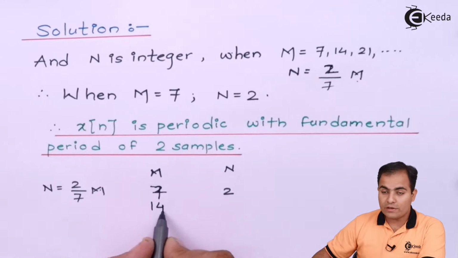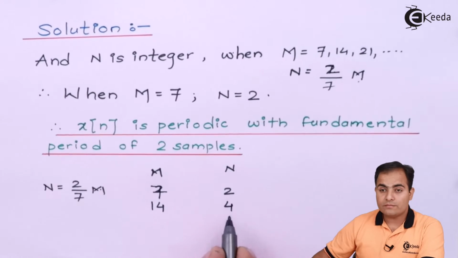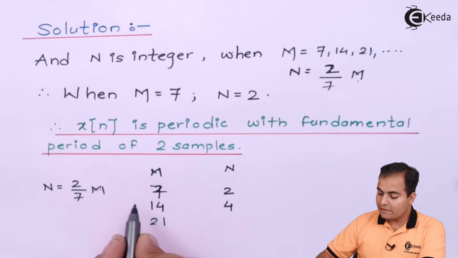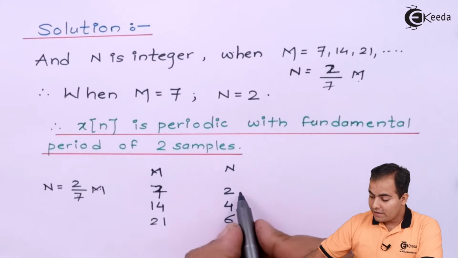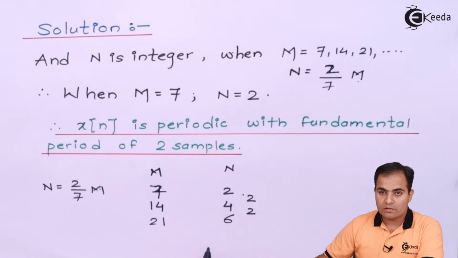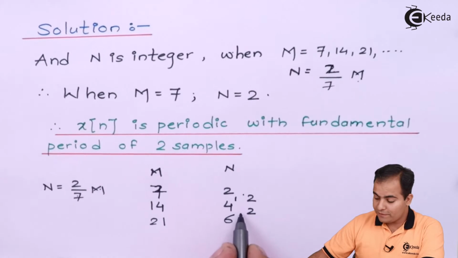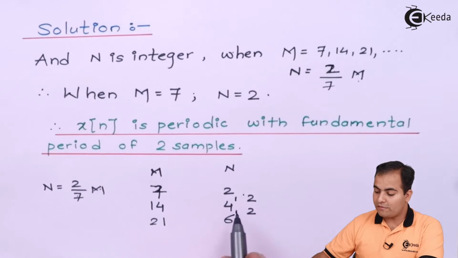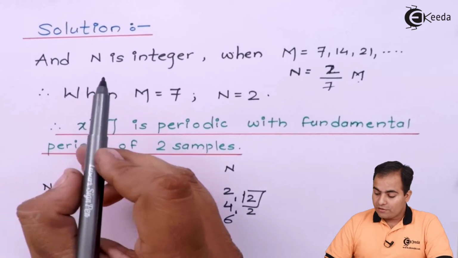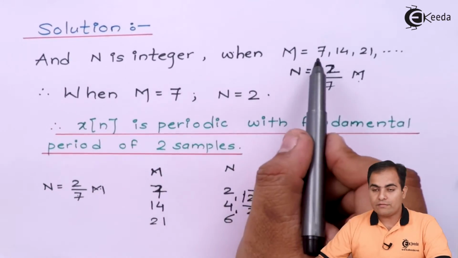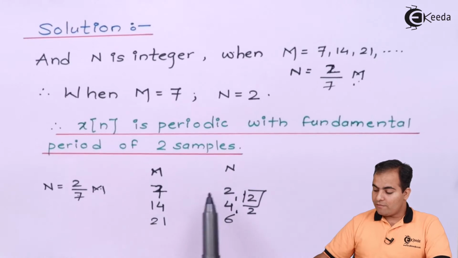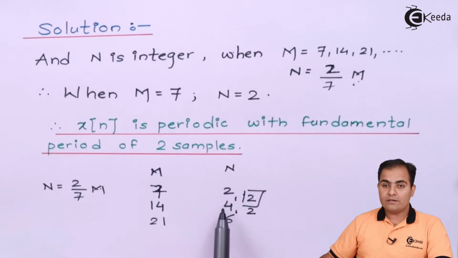Similarly, if I substitute m equals 14, then the answer is 4. If I substitute m equals 21, then 7 threes are 21 and 3 twos are 6. Here the value is increased by 2. The difference between 2 and 4 is 2, and between 4 and 6 is 2. So the fundamental period of x of n is 2. Therefore, for N to be an integer, m is 7, 14 and 21, and the N value increases by 2.